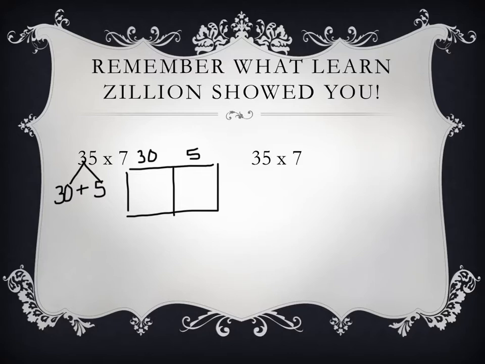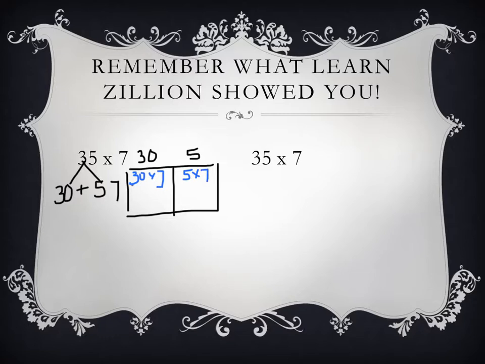And then you're going to need to multiply each of those by the other factor of 7, giving me the problems 30 times 7 and 5 times 7.